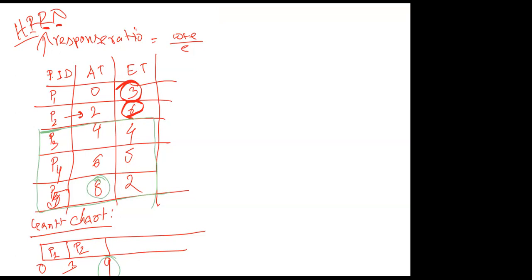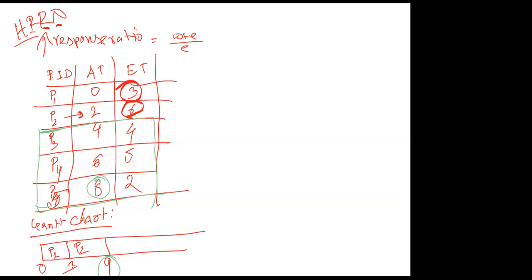How will your operating system select a process from the RAM and schedule it to the CPU? How to select that one?